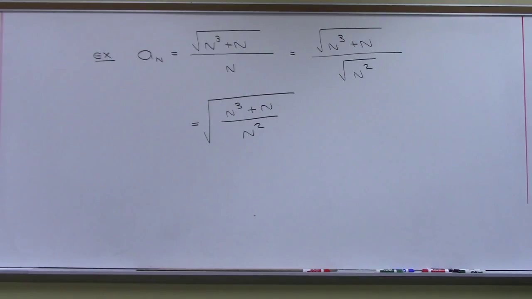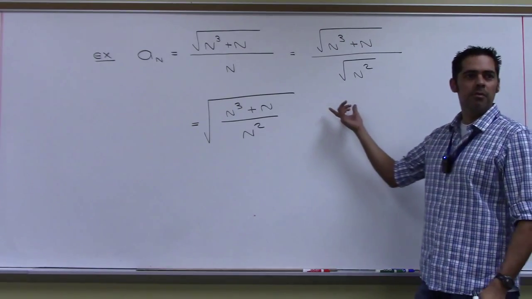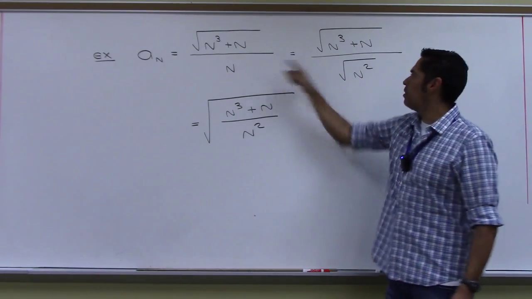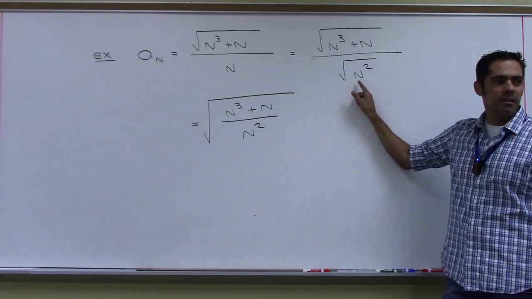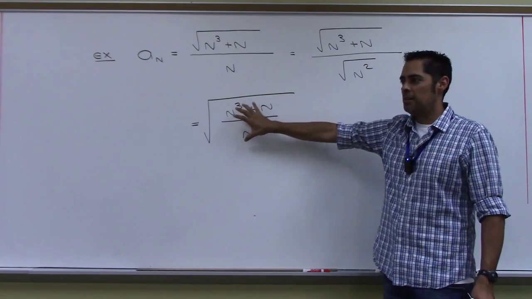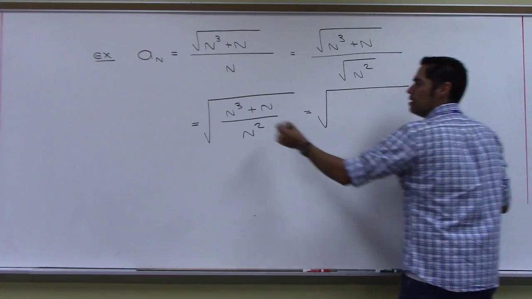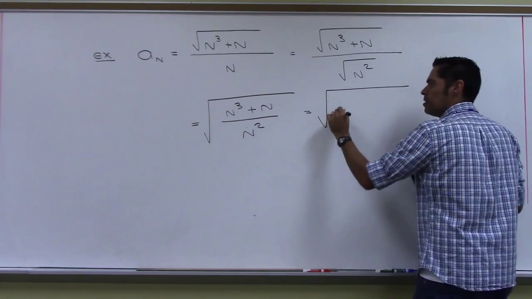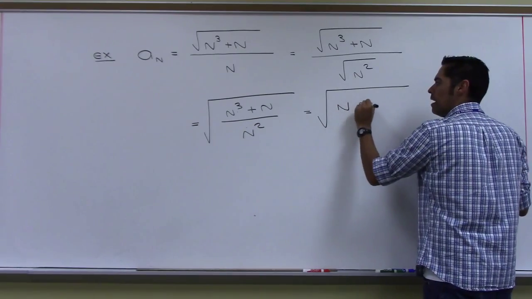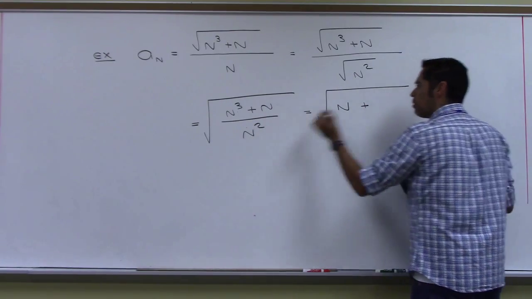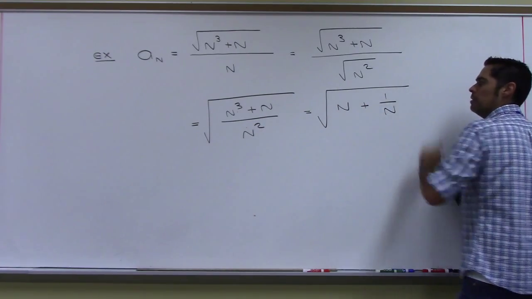What I did is I forced them both to be under a root. So I had to square the n and put it under a square root to create the n. And then I made one fraction out of it. And now, splitting it into two, you get n cubed over n squared, which is n. And over here you get n over n squared, which is 1 over n.